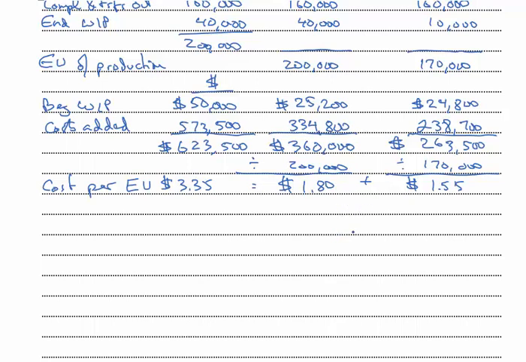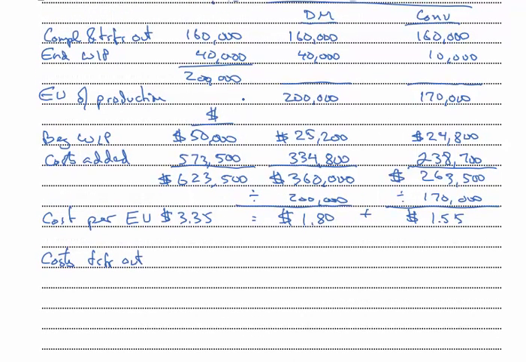Okay, next we're going to do our reconciliation here. And so still dealing with dollars here. So costs transferred out, and so that is going to be our 160,000 times 3.35, which works out to $536,000.